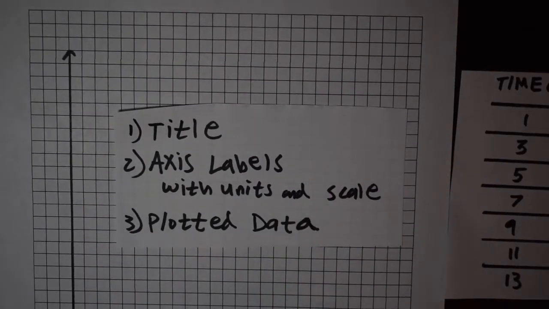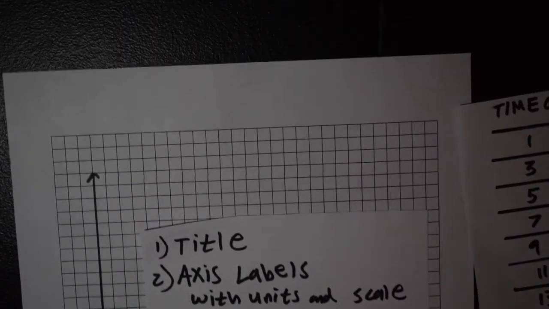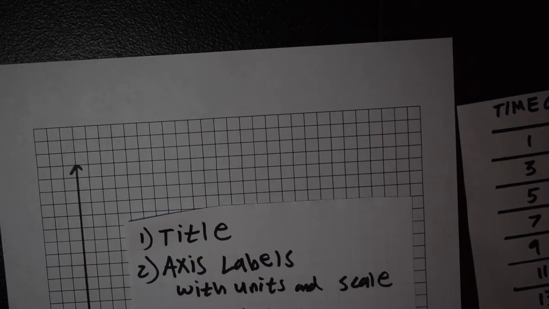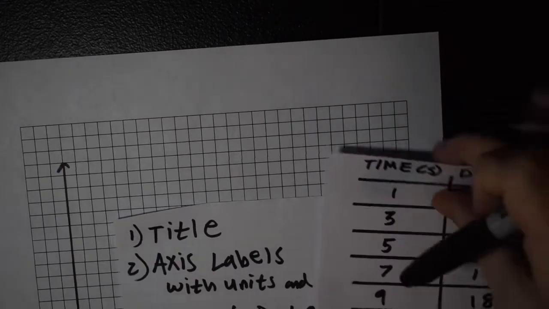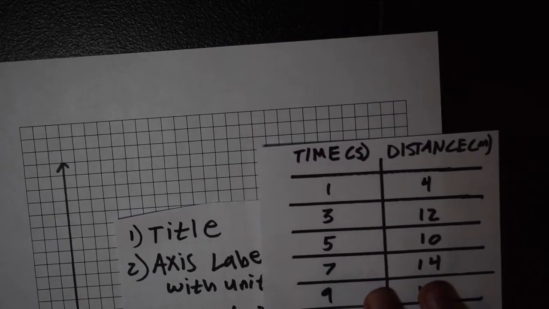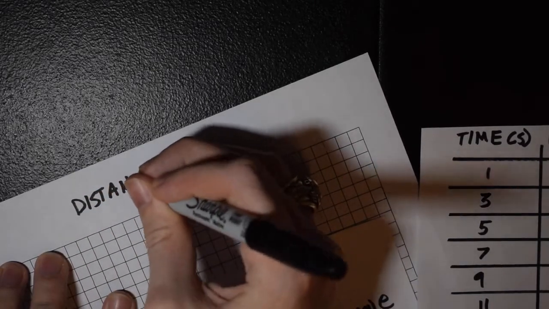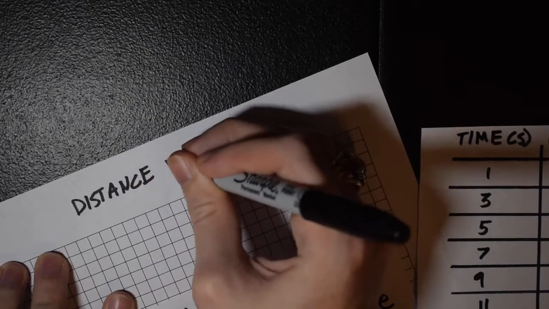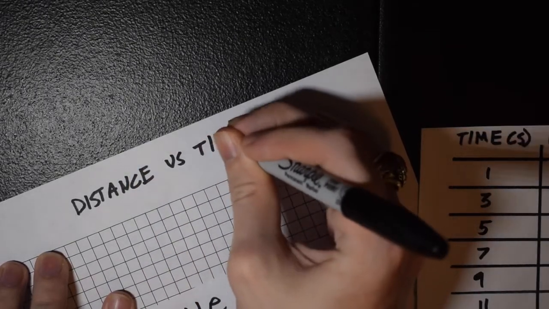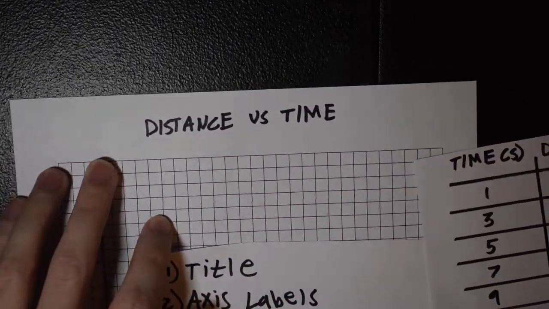The first is a title. Okay, let's go ahead and add a title to this graph. So our data set is distance versus time. So we'll go ahead and we can do distance versus time. And that's our title.